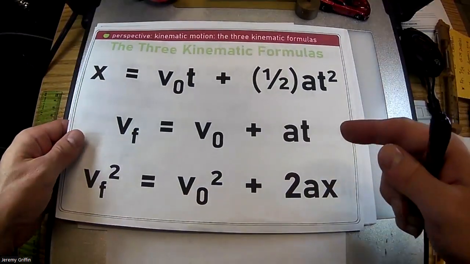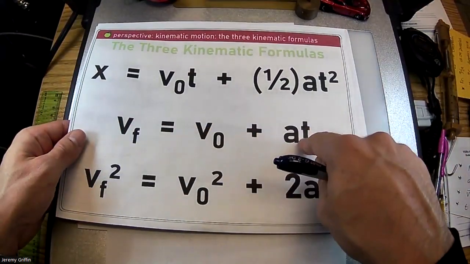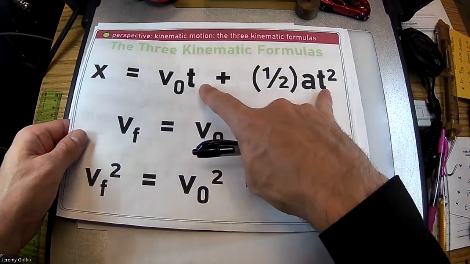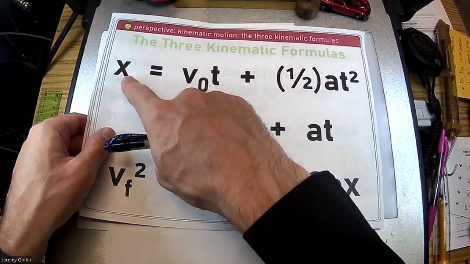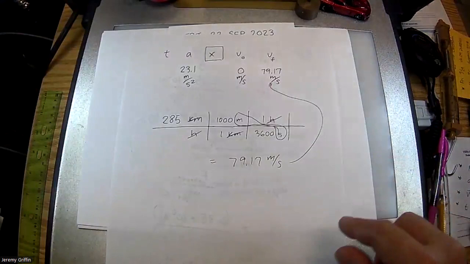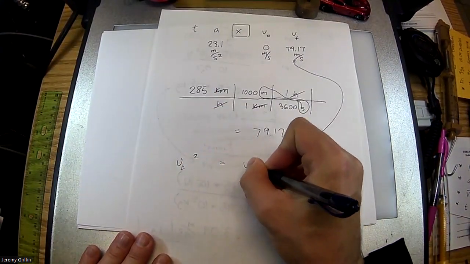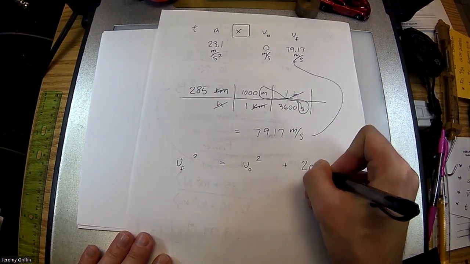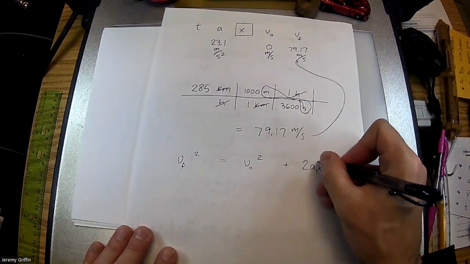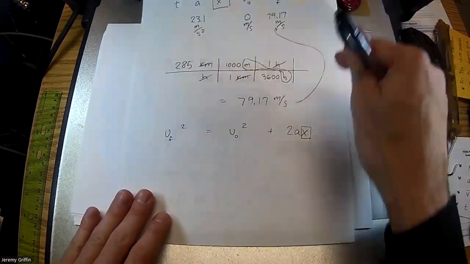Now, alternatively, you could have used the second one to solve for the time, and then taken that time and popped it into the first one and solved for the runway that way. I'm just going to use the third one and do it all in one shot. So final velocity squared equals initial velocity squared plus 2ax. And we want to know, what is x? What is that runway distance?